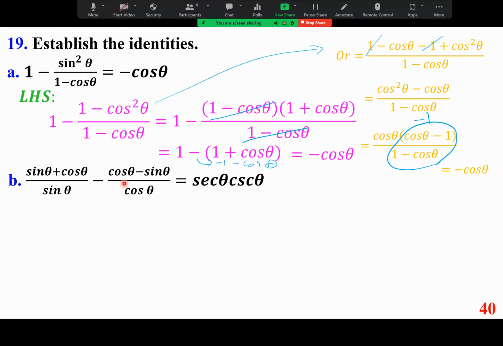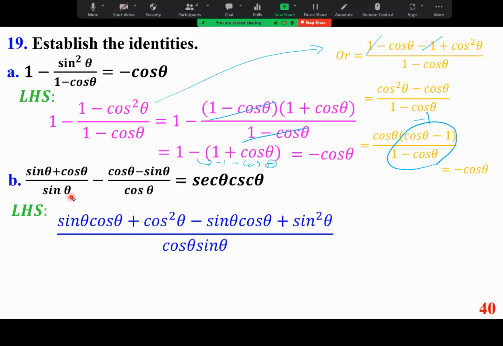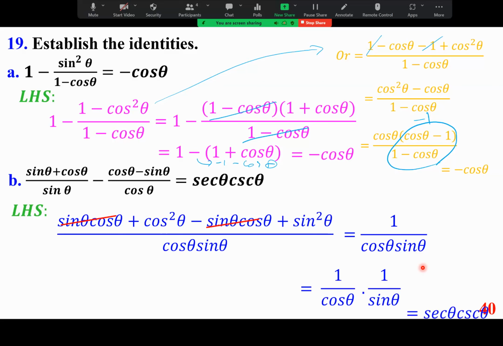So this gives you sine theta, cosine theta, plus cosine squared, minus sine theta, cosine theta, minus and minus, plus sine squared theta. I'm assuming at this level, we can easily handle that. So what happens is sine theta cosine theta, and this one, they cancel each other, right? And the numerator is cosine squared plus sine squared. As you know, they add up to 1. And you can write this 1 over cosine, 1 over sine, which makes it secant theta, cosecant theta.